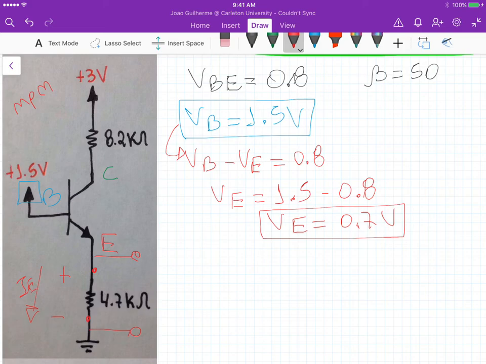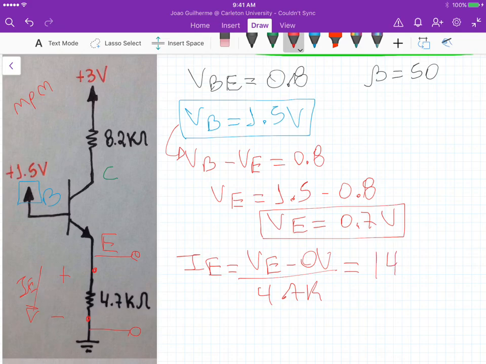So this current IE is going to be VE minus 0 volts divided by those 4.7K, just using Ohm's law. VE here we know is 0.7. If we take that 0.7 divided by 4.7K, we get 149 microamps. And this is IE.